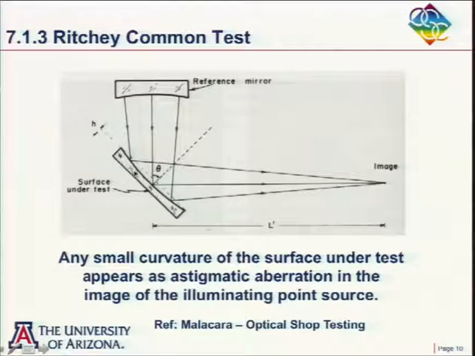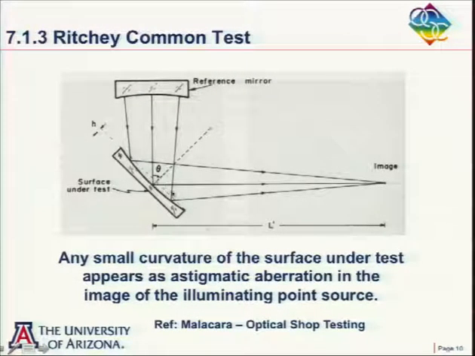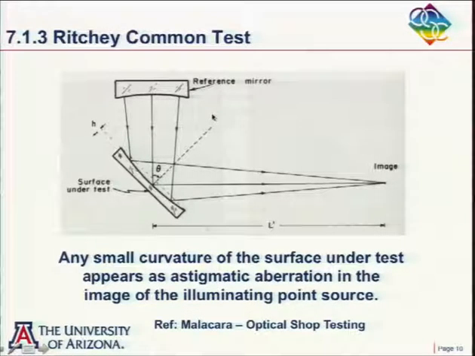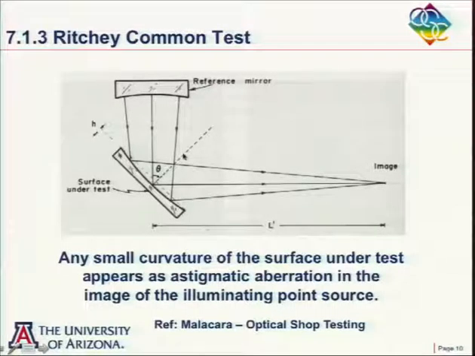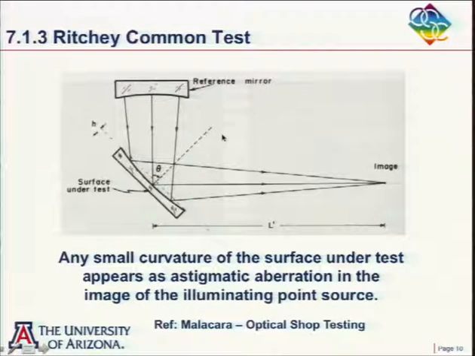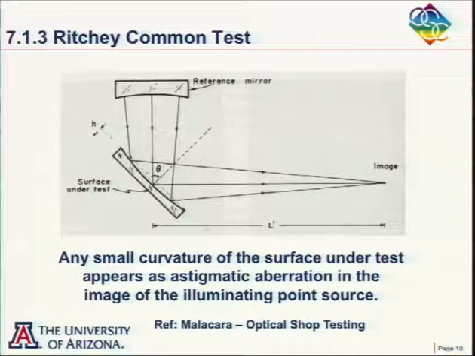The idea here is that I have a large mirror, and instead of having to have a large flat, I'm going to have a large spherical mirror. It's more common to have a large sphere in the shop than a large flat, and the sphere can be used in more applications than the flat, I guess.